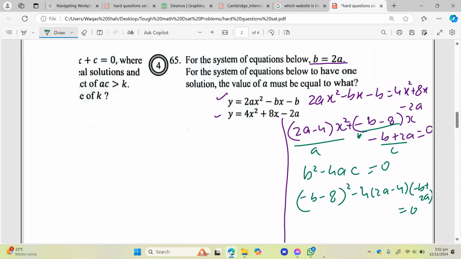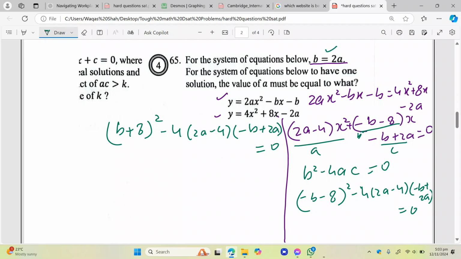Now if you take negative common over here, it will be b plus 8, right? So we can also write this b plus 8 square, and over here minus 4 times 2a minus 4, and it's minus b plus 2a, right? Minus b plus 2a, and that is equal to 0. But b is what?